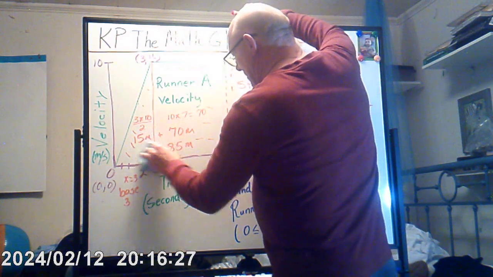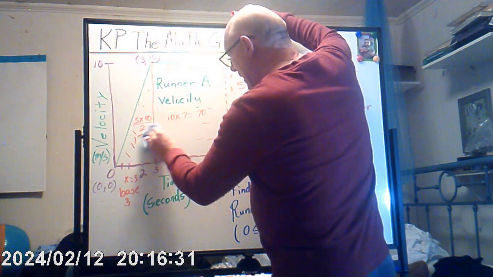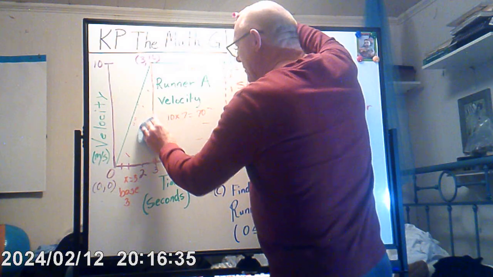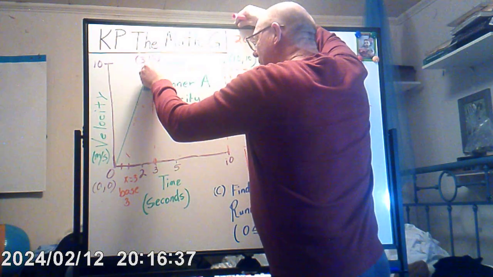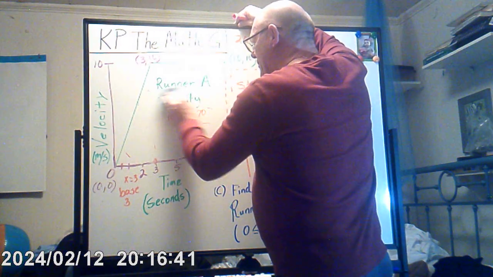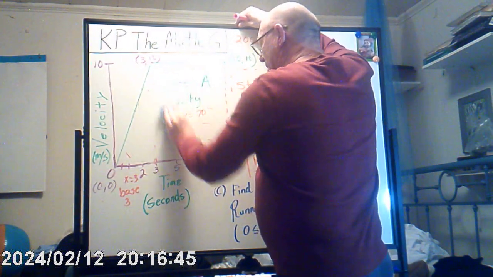Alright, we're going to do it by the trapezoid. Now remember, our answer is 85 meters, right? I'm going to erase this because I don't want the triangle anymore. And matter of fact, I'm just going to erase all this. I'm going to work inside of this area right here.